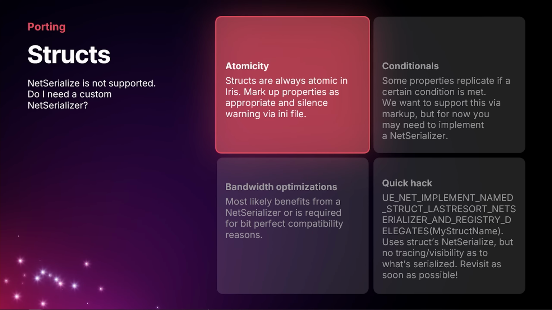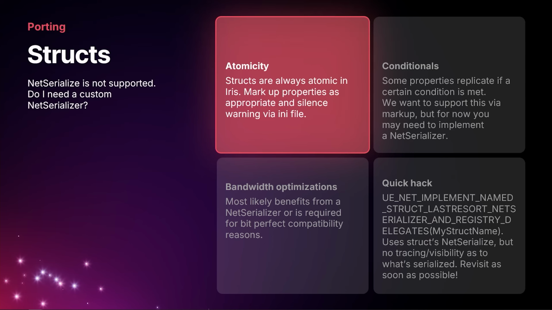Some of the work was, as I mentioned, that we don't support NetSerialize. You'll get a warning if we encounter a struct with NetSerialize that is used in replication, and then you can take a look if you need a custom serializer or not. In Iris, structs are replicated atomically, but they weren't previously.